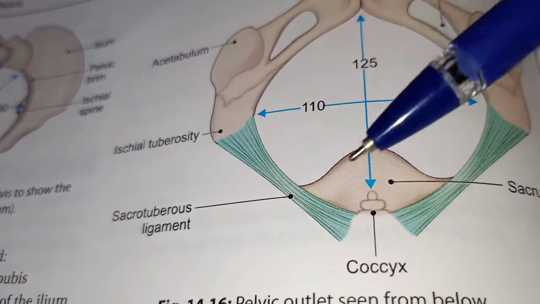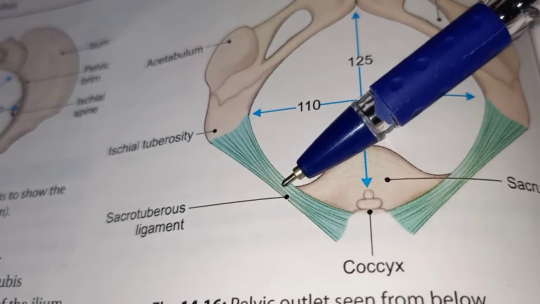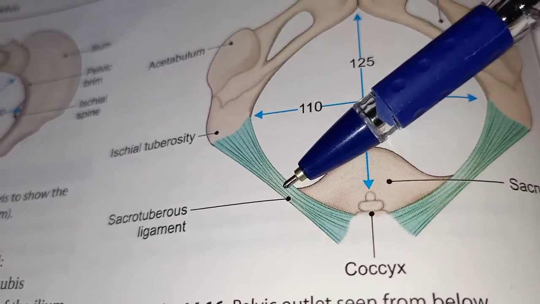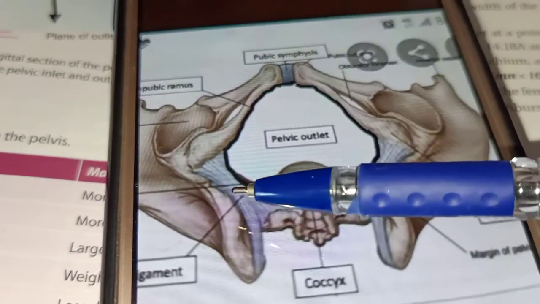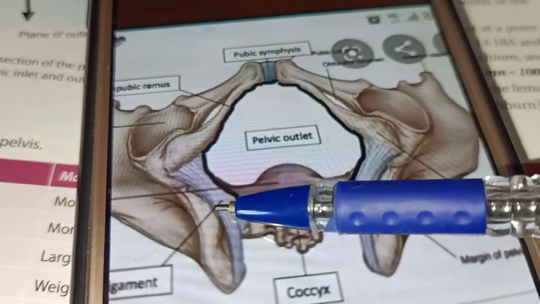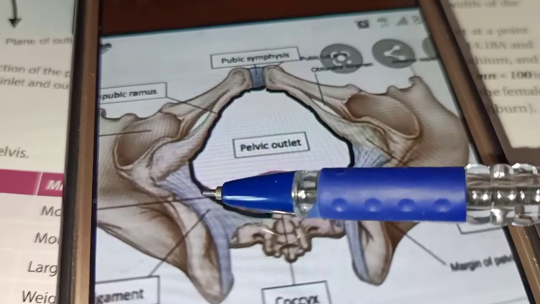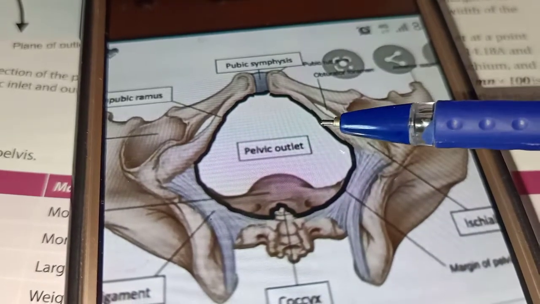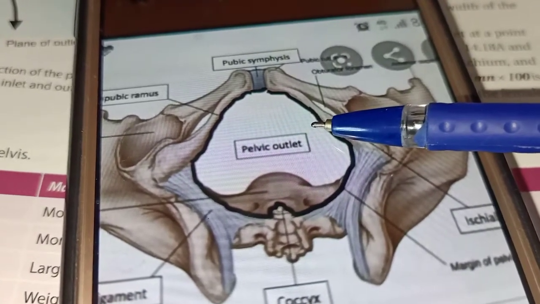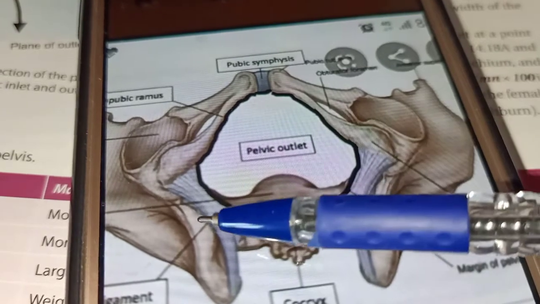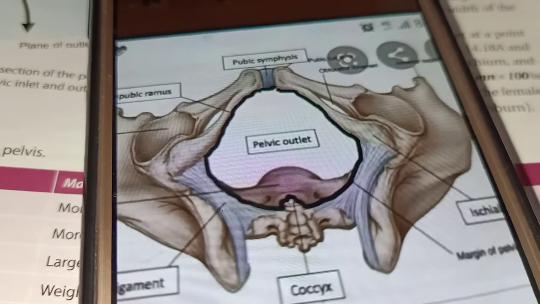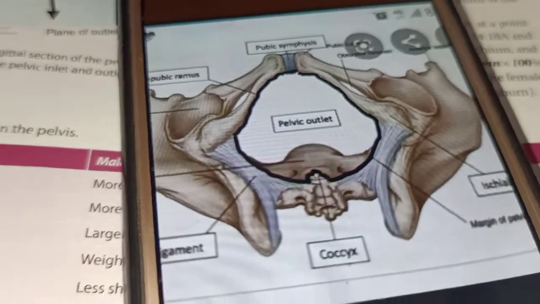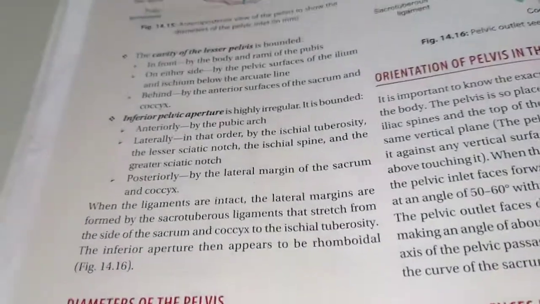And measured from the midpoint of the sacrotuberous ligament of one side to the ischial and pubic rami, so this would be the midpoint of the sacrotuberous ligament and this here to the ischiopubic rami, this way it would be 118 mm.